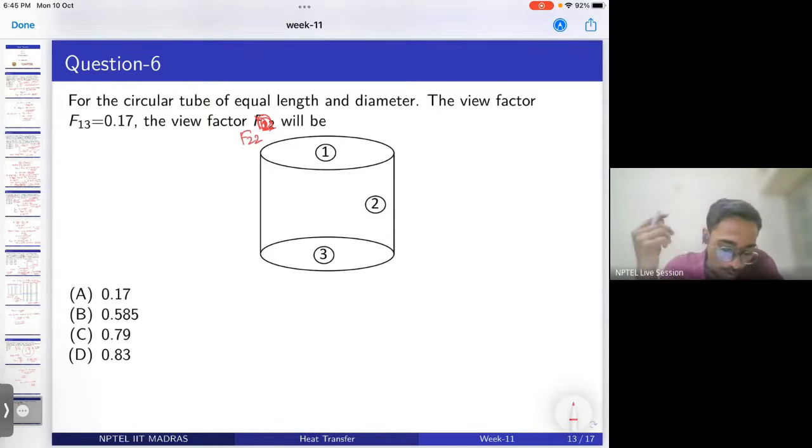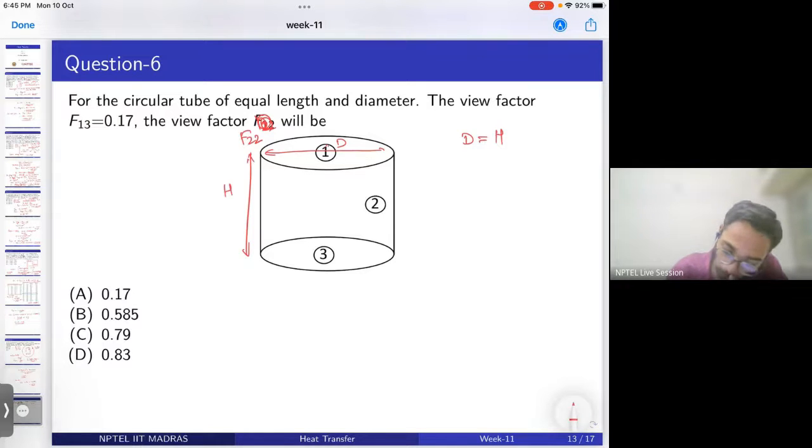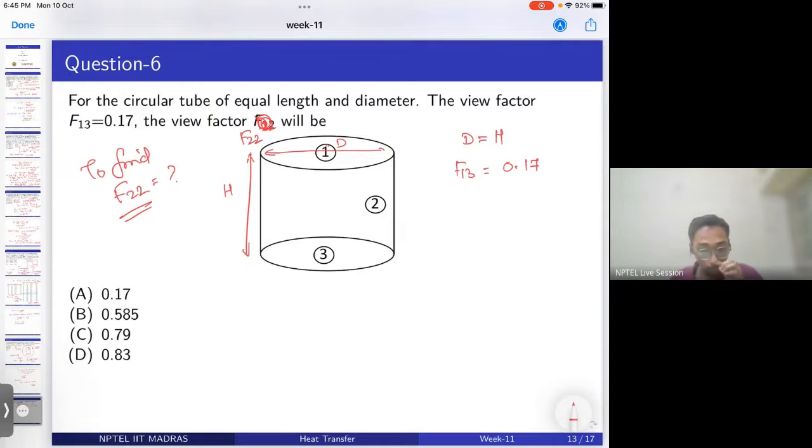In this, there is a circular tube of equal length and diameter, that is D is equal to H. The view factor F13 is given as 0.17, and we have to find out F22. How? We can divide this into three surfaces, as I said, from top, bottom, and side.